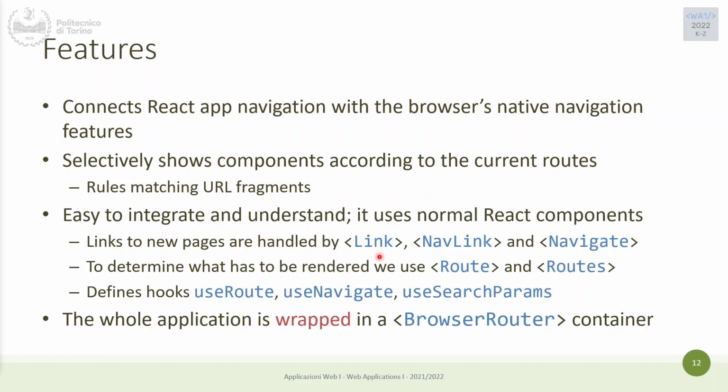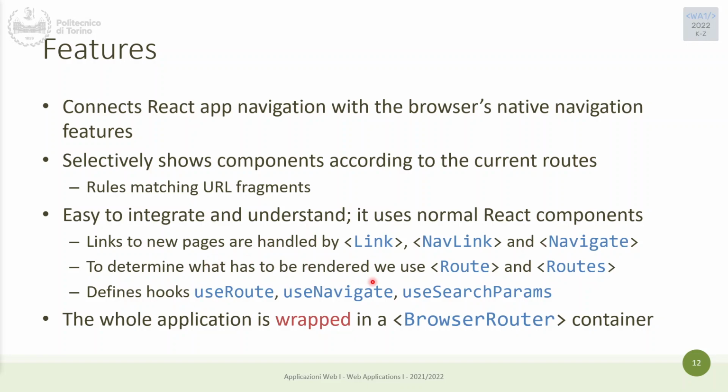You have the link that will give you the possibility to go to a certain location. The navigation link, that is a kind of link designed explicitly for navbar, so it has implicitly the possibility to select which link is active, and some component to navigate, so to go to a different location again.